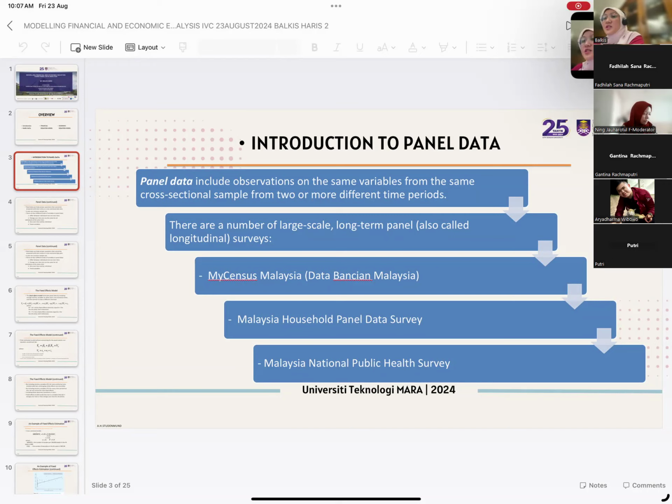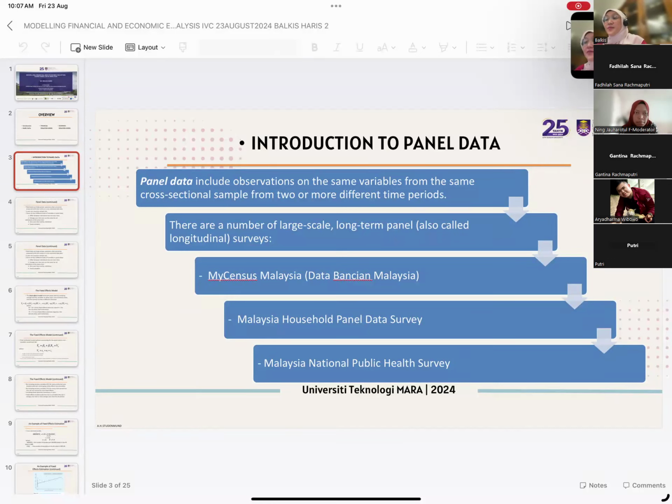For example, in Malaysia, we have My Census data, the Malaysia Household Panel Data Survey, and the Malaysia National Public Health Survey. All these data involve an individual, and that individual will have several years of data.